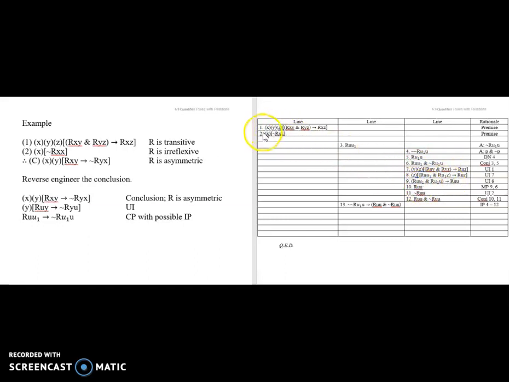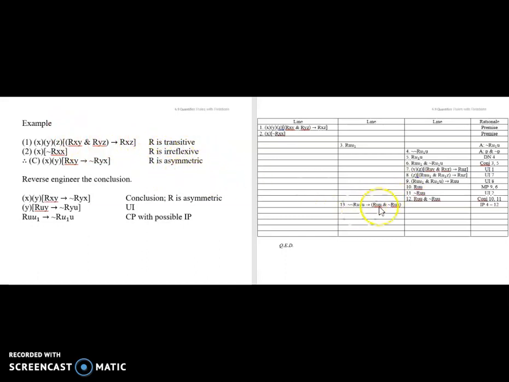But since we have the irreflexivity clause as a premise in 2, we can of course invoke it's not the case that RUU, yielding our contradiction. So pretty complex situation, but ultimately a very nice demonstration that in fact from transitive and irreflexive you can deduce asymmetric.